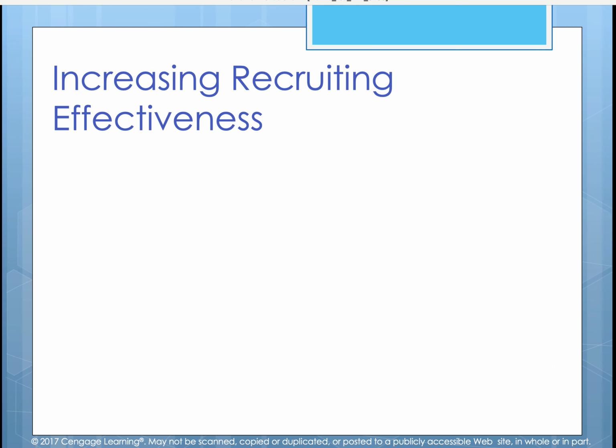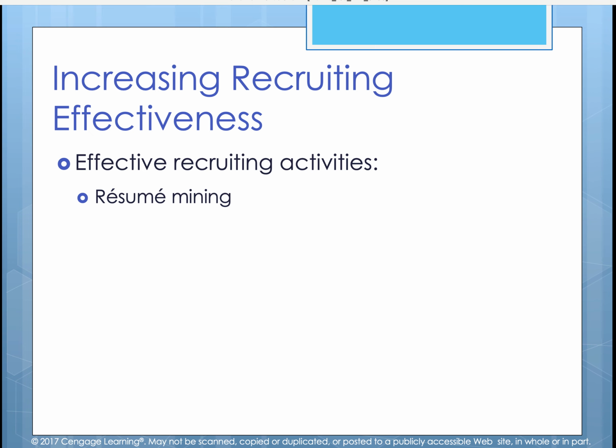So when we look at how we can increase our effectiveness, there's various activities, such as making sure that in our resume mining. Now, I will say that I do have some issues with certain elements of resume mining because it creates a type of environment where people are now constantly trying to extract from our job postings select keywords that are then aligning with the algorithms of whatever system you utilize that can help you mine resumes.